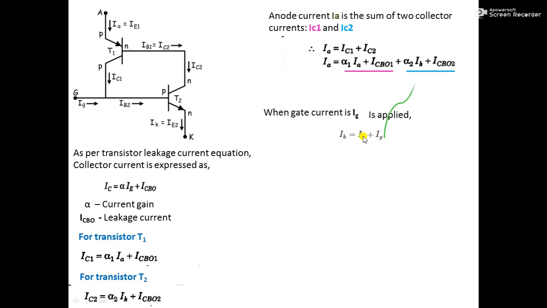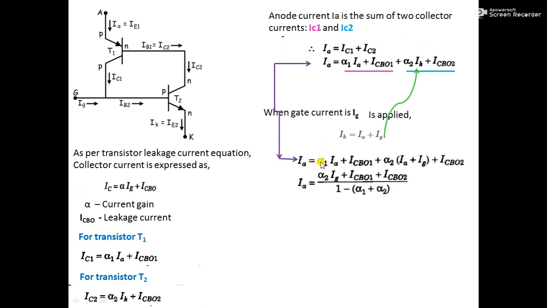Now in place of IK in this equation of IA, I will substitute IK is equal to IA plus IG. So this equation can be then rewritten as IA is equal to alpha 1 IA plus ICBO1 plus alpha 2, in place of IK we are putting this IA plus IG, kept in this bracket, plus ICBO2.